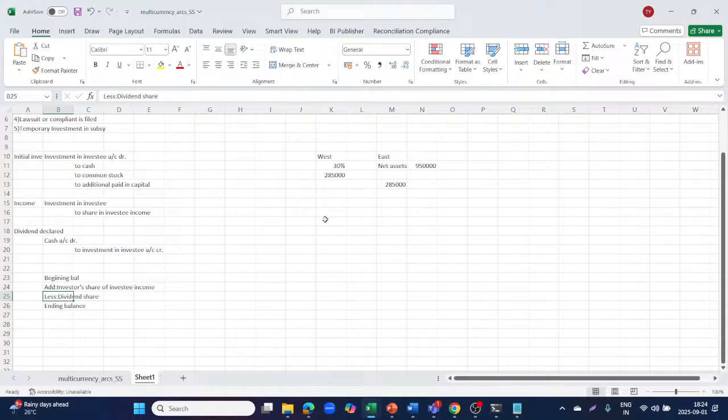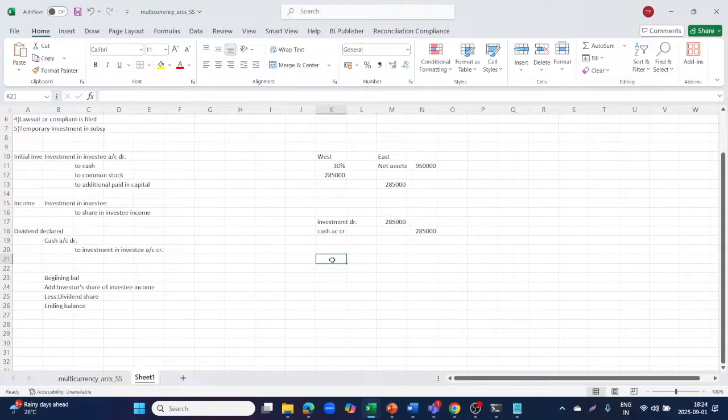Which is done at 30%. So you will see here, investment account debit with 2,85,000, because this is the amount of investment, to cash account credit, that is 2,85,000. Then we'll record the income earned by the investee. So how much is the income earned by the investee?